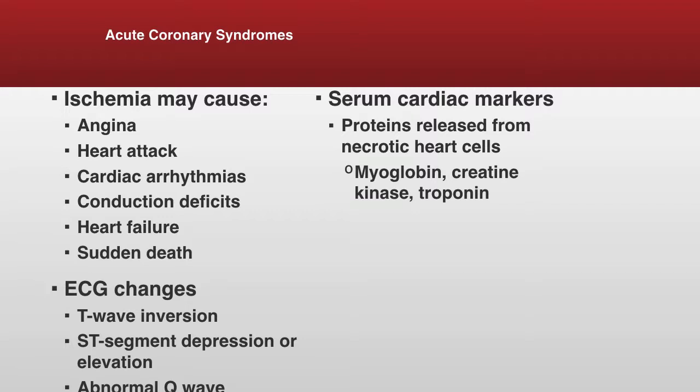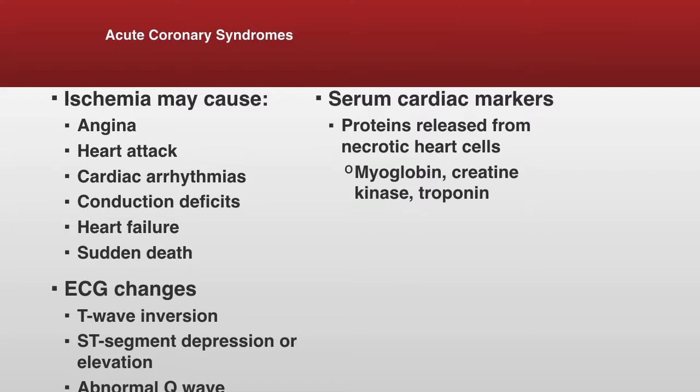The myoglobin is an oxygen-carrying protein that's similar to hemoglobin, and it's expressed in skeletal and cardiac muscle. Higher levels can be detected in the blood within an hour after the myocardial cell death, and it peaks within 4 to 6 hours. However, the one thing about it is that it's not specific to the cardiac muscle because it's also found in the skeletal muscles.